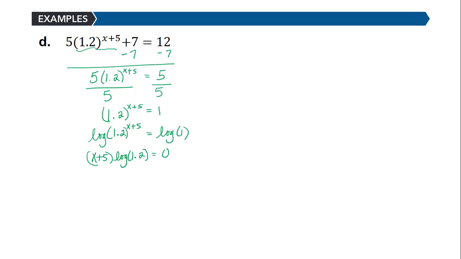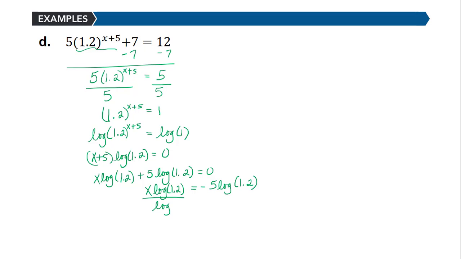And so I can rewrite this as x times the log of 1.2 plus 5 times the log of 1.2 is equal to 0. So to solve for x, I can subtract the 5 log 1.2, so I get x times the log of 1.2 is equal to -5 times the log of 1.2. And then we can divide each side by the log of 1.2.